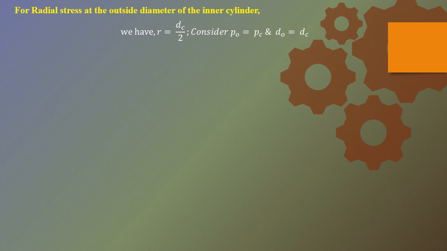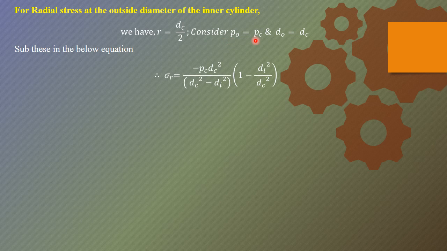So this is the final one, that is the radial stress at the inner diameter of the outer cylinder. Now for the outside diameter of the inner cylinder, we have to consider the equation where the contact pressure Pc will be nothing but the external pressure, right? So we consider the equation for radial stress considering only the external pressure. So R will be equal to dc by 2, right? So P naught will be equal to Pc, that is external pressure is nothing but the contact pressure, right?